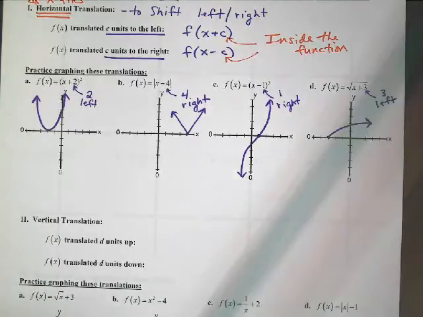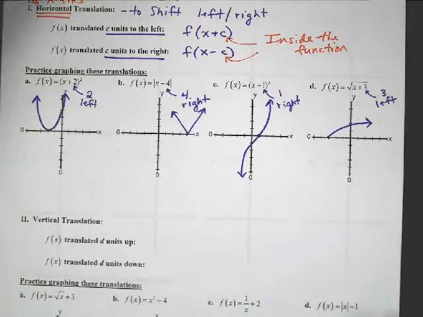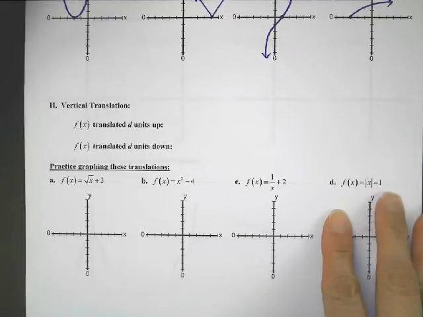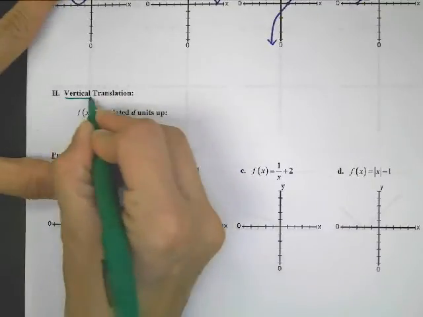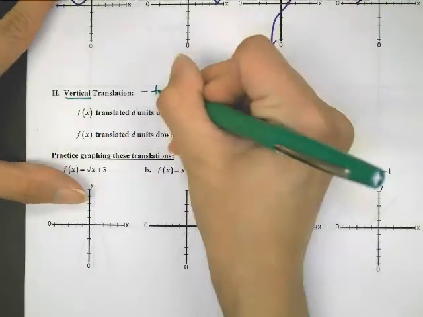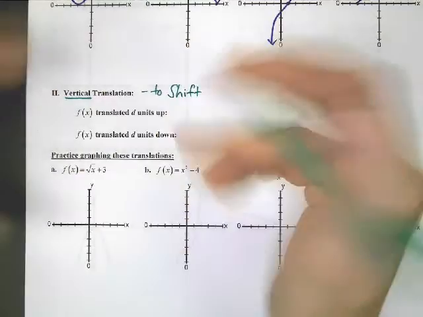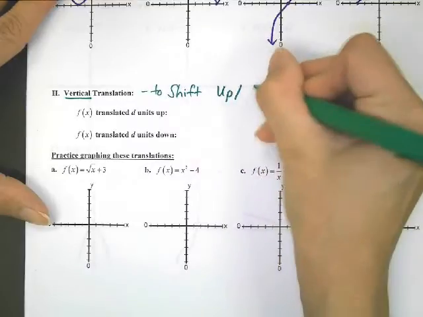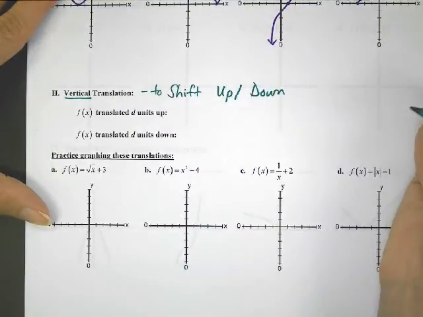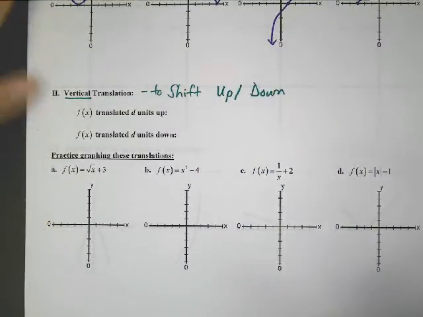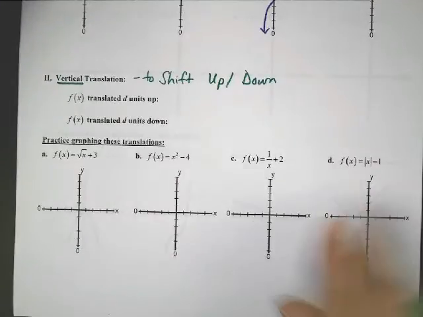Okay, the next thing we're going to look at here, another rigid transformation, is vertical translation. So this means to shift the graph, not stretch it out, just shift the graph up or down. And this one's not weird. This does exactly what you would expect.